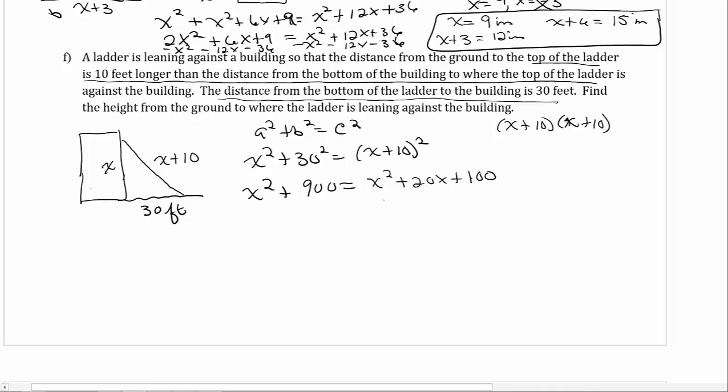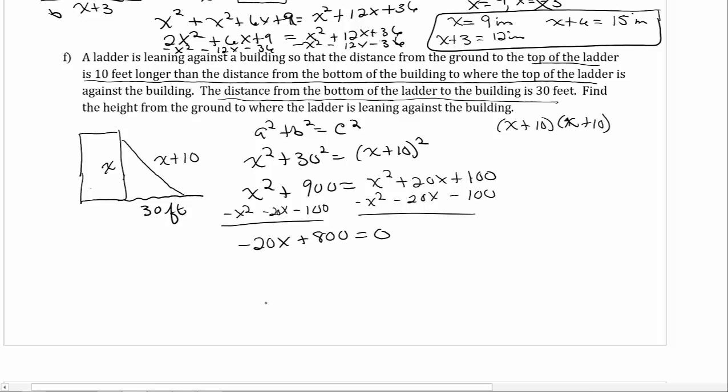And we want to have everything on one side of the equation. So we are going to subtract our x squared, subtract 20x, and subtract 100. So the x squareds will be gone then, and we'll have negative 20x plus 800 equals 0.